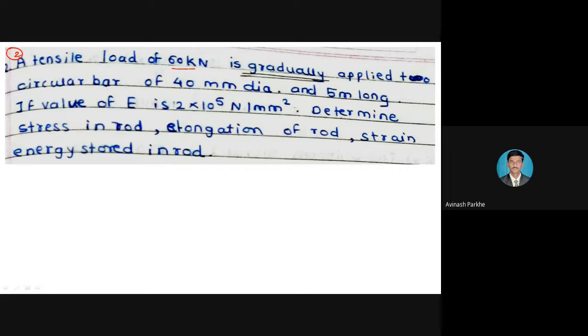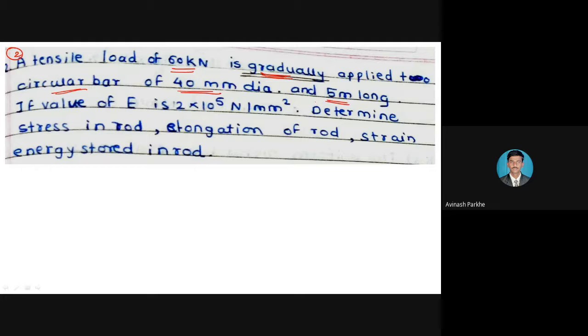A tensile load of 60 kilonewton is gradually applied to a circular bar. Again, whatever the bar is given, it is circular in cross section. So whatever the 60 kilonewton force is applied, it is applied gradually, on a circular bar of 40 mm diameter and 5 meter long.